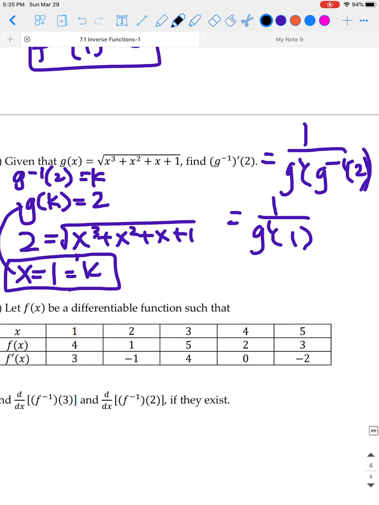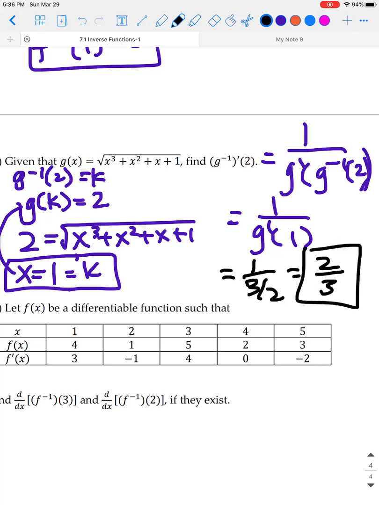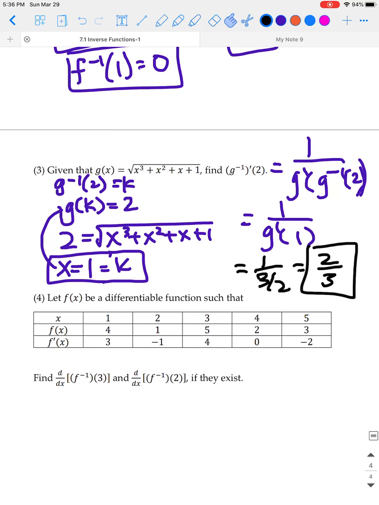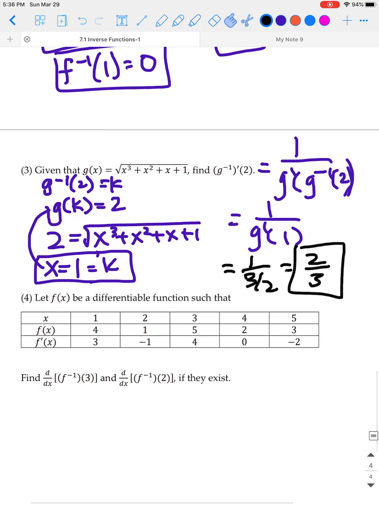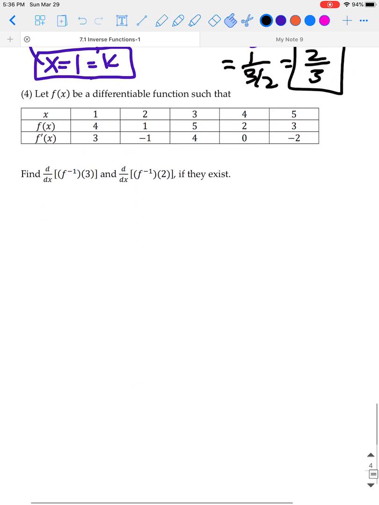So it looks like we've got 6 over 4 or 3 over 2. So 1 over 3 over 2, which means 2/3 is our derivative. And again, I don't actually need to find the inverse function because we're only interested in that particular value.